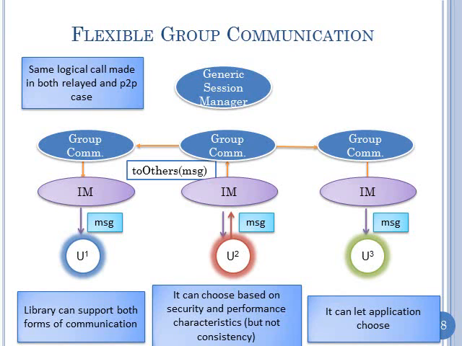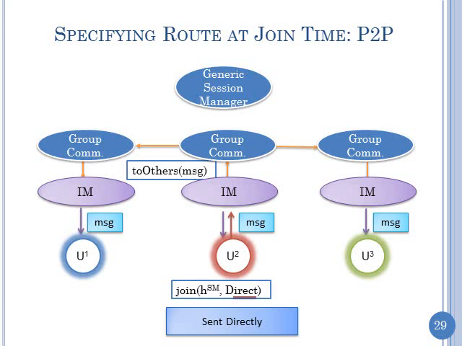So we're going to let the application choose what kind of communication is going to happen. Okay, so our join call now is a little bit more complex. We don't say join as this and just give the host number. We say, I'm joining the session and I want direct communication from my host to everybody else. And somebody else can join. So each site chooses independently.